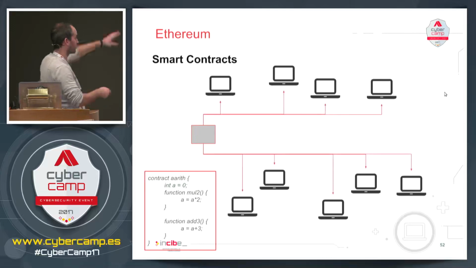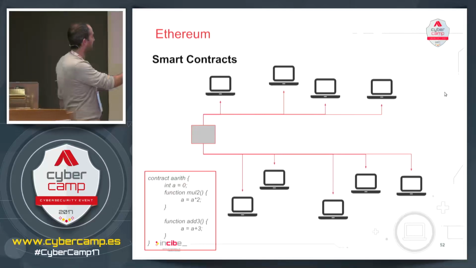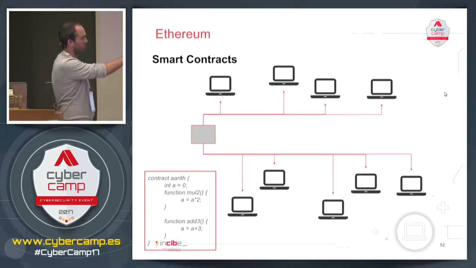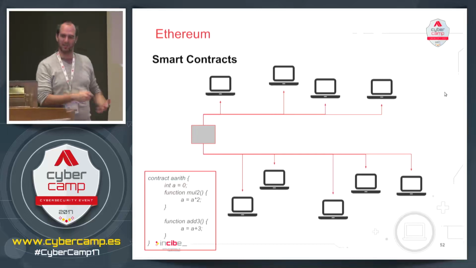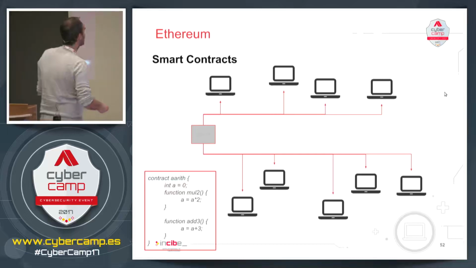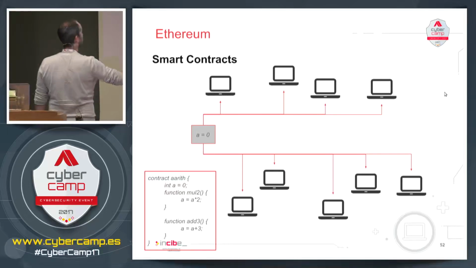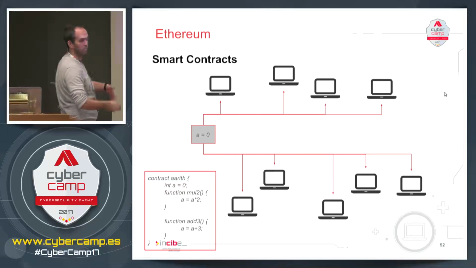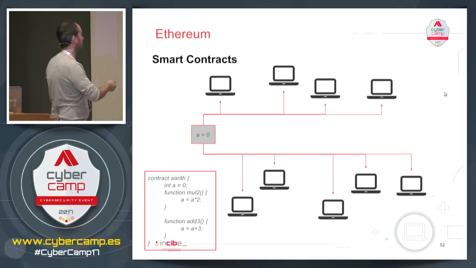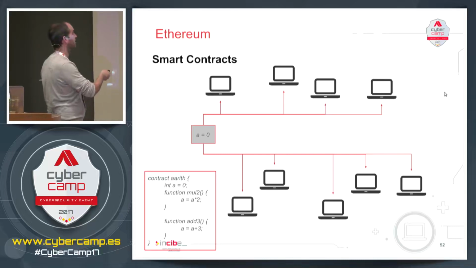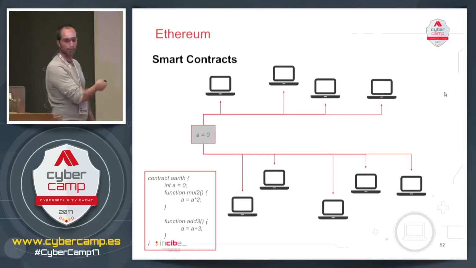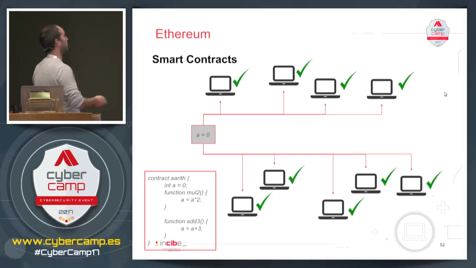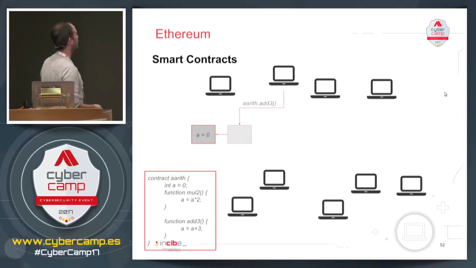It's sent to the blockchain. All the arrows go out from the blockchain, but in fact it's this node sending the communication to all of them. All the nodes check that the code is correct. It compiles, it's okay. And then they create a new instance in the blockchain, value A is 0. It's verified and it's written.